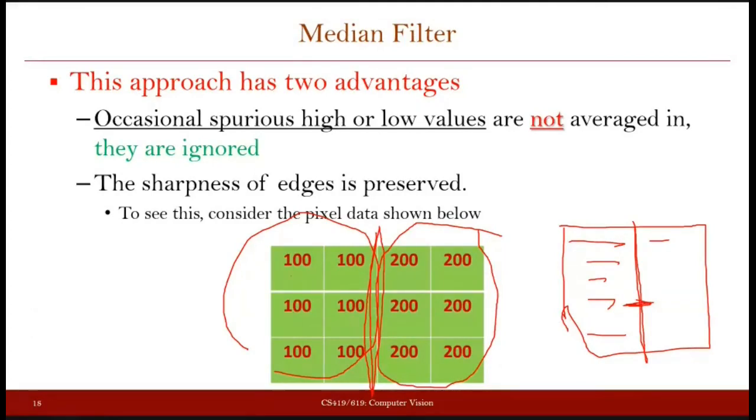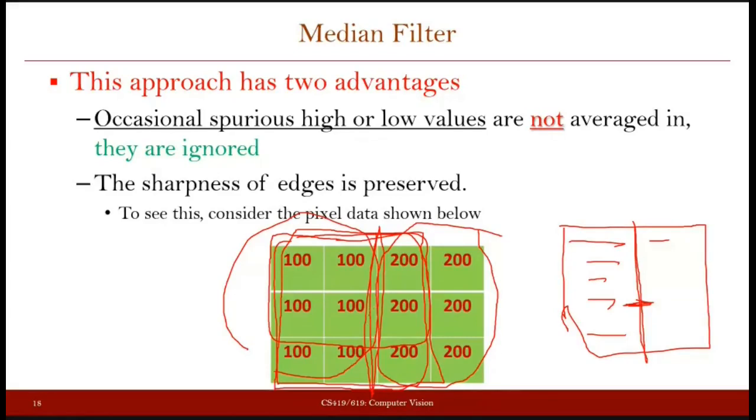Now, if you compute the mean, let's say by considering this 3 cross 3 neighborhood, which is coming up till this point, or rather doing the median filtering considering all these neighbors, you will find that the 100 is in majority.